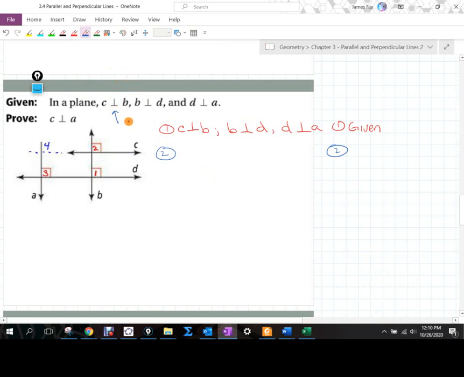So C is this line here, and B is this line here. What's that tell you about angle 2? Angle 2 is a right angle.